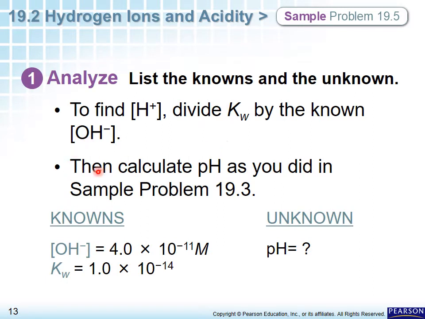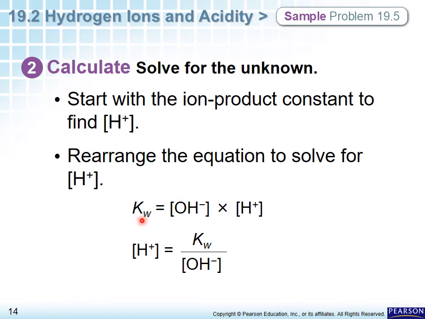You can see here OH is given. You know the Kw constant we discussed last time, that is 1.0 times 10 power negative 14. pH is asked. So what do you do? Kw is equal to OH negative times H positive. You need H, and OH is given.